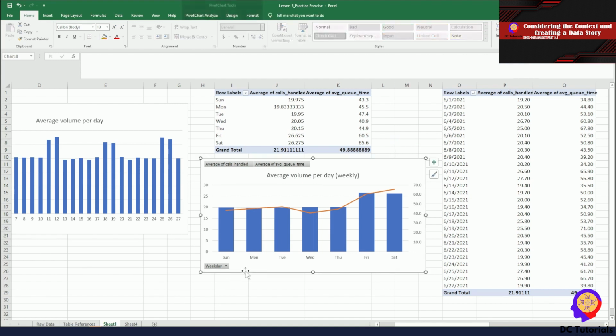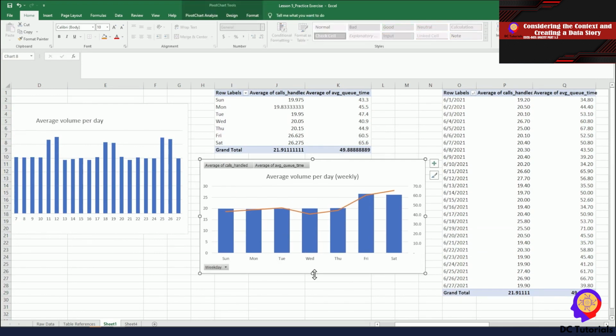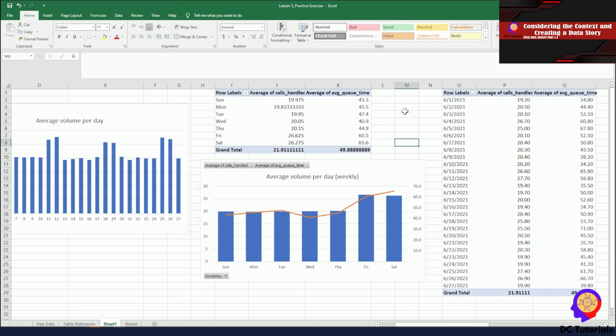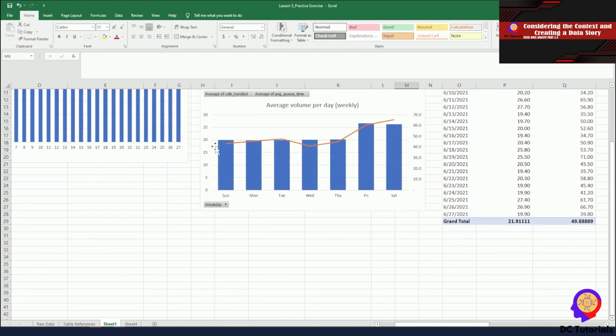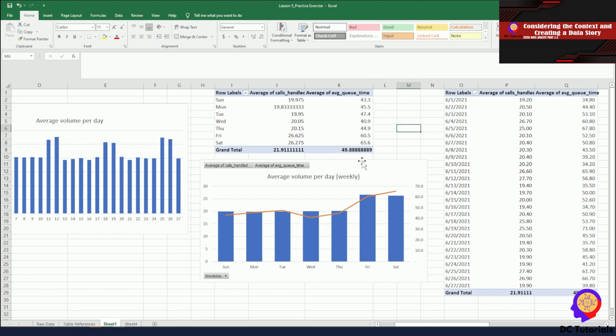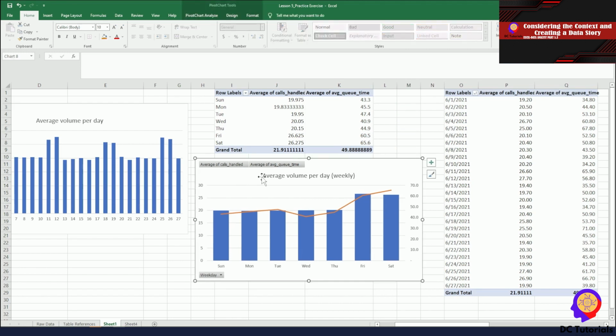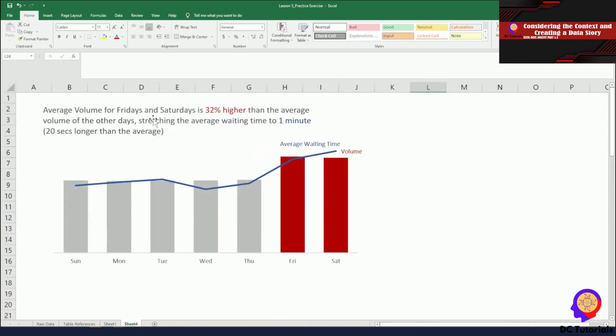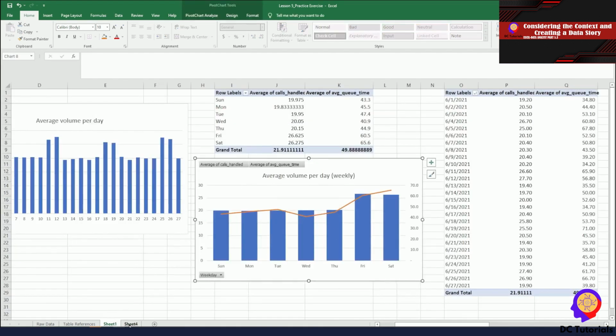This is actually a good visual already because we have managed to describe the trend per day, right, in average for the entire data set. Although it's a little bit cluttered still, so we have created another chart here, just improving the original one that we have created here.